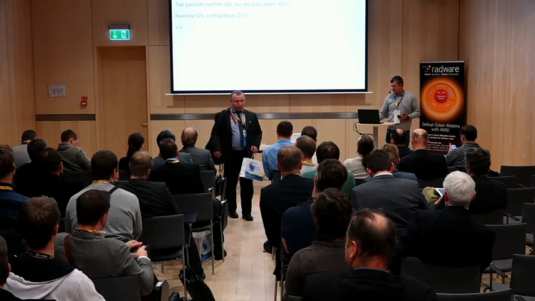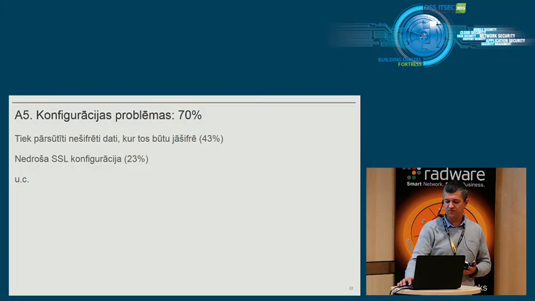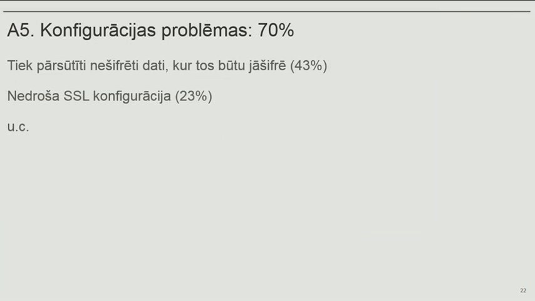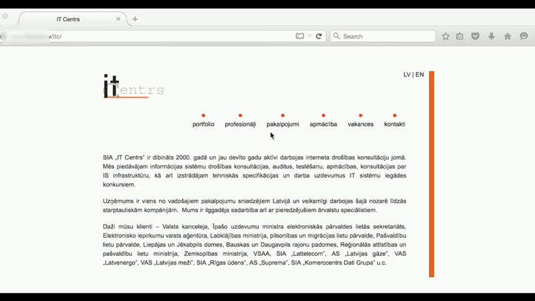70% of the systems have some kind of configuration problems or send data which should be encrypted over unencrypted channels. This example is not technically about web developers, but more for us system administrators.